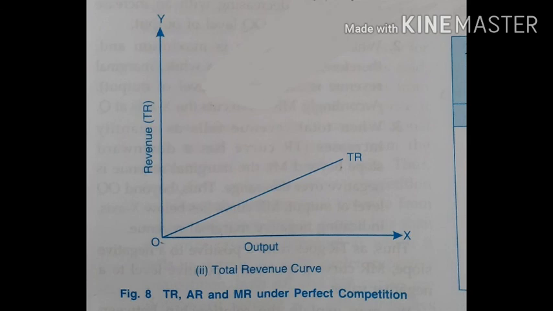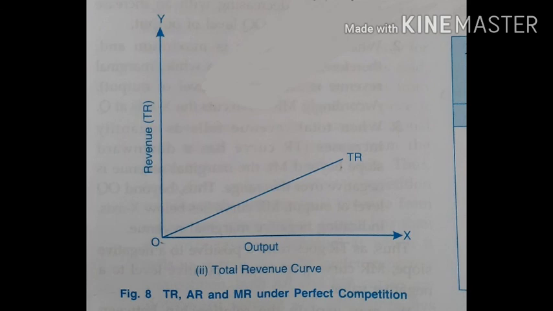The figure shows that the TR curve is a positively sloping straight line from the origin, and its positive slope is constant as determined by the price or AR. The TR curve is continuously sloping upwards because total revenue is increasing continually.